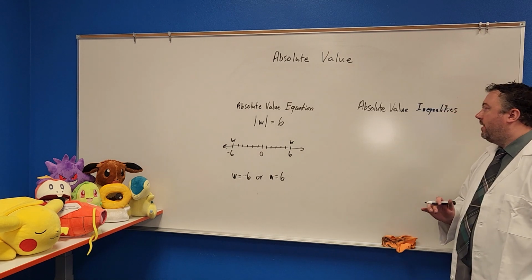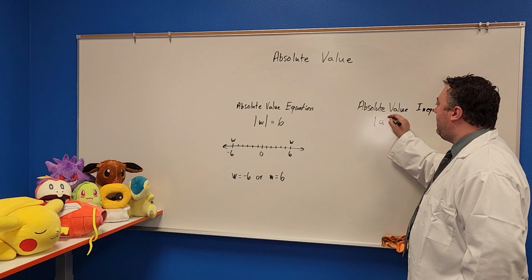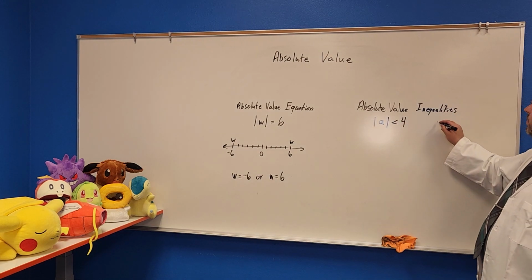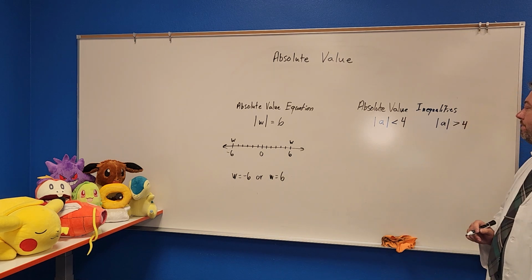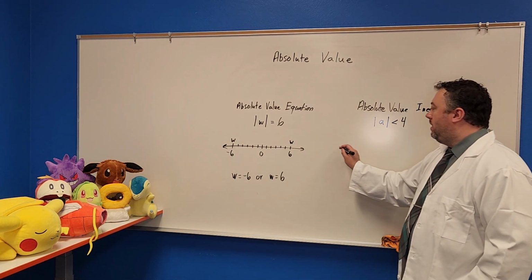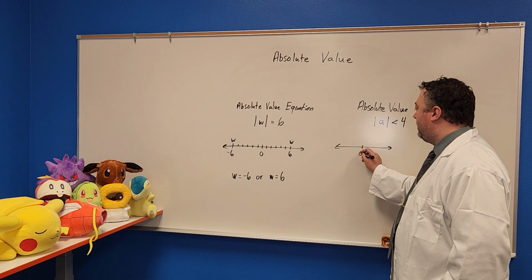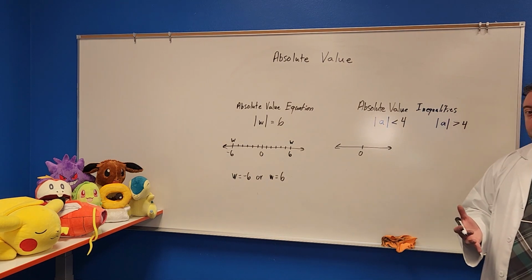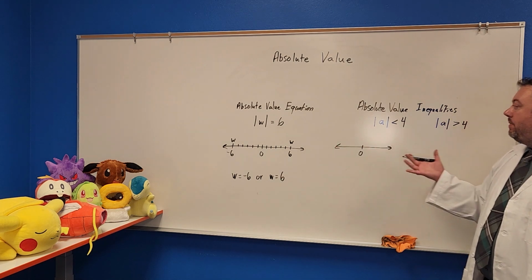So let's talk about absolute value inequalities. So I'll do the absolute value of A is less than 4. And then we'll also do absolute value of A is greater than 4. So here's 0. So absolute value inequalities say kind of the same thing that the equation does, except this is a little bit different.